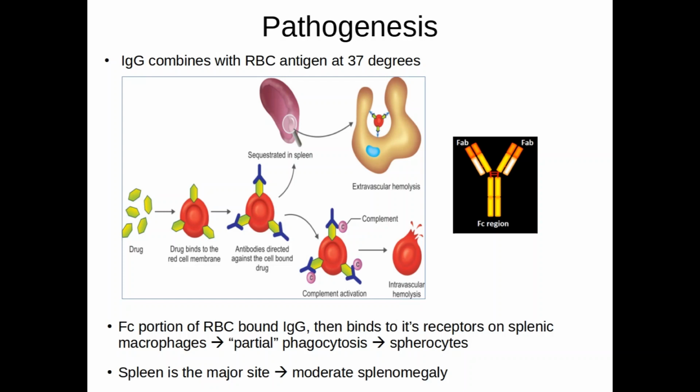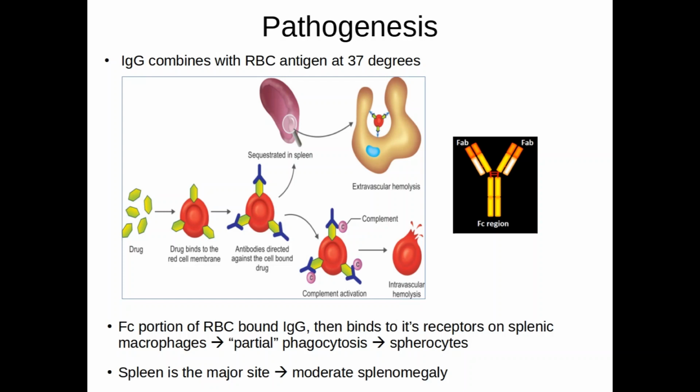One is that the Fc region of the IgG is identified by the macrophages present in the spleen, giving rise to what is known as extravascular hemolysis, or there could be complement fixation leading to intravascular hemolysis. The extravascular hemolysis that takes place in the spleen here is not complete.